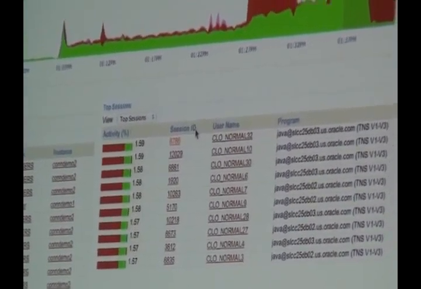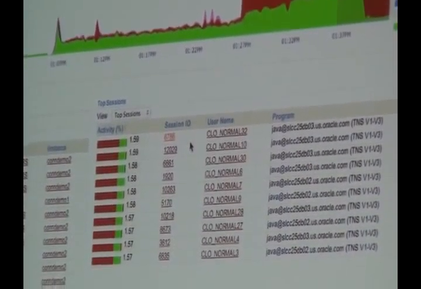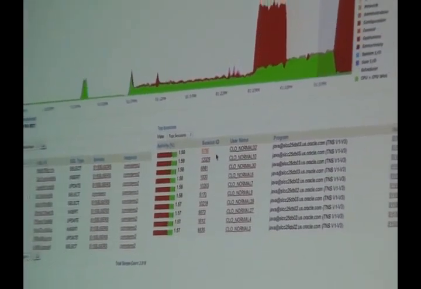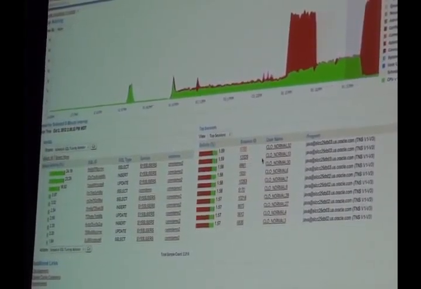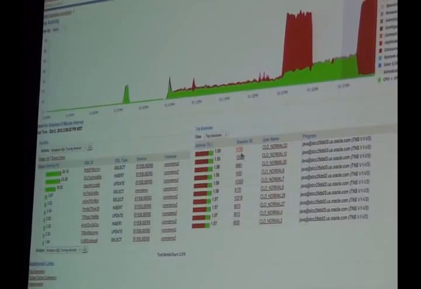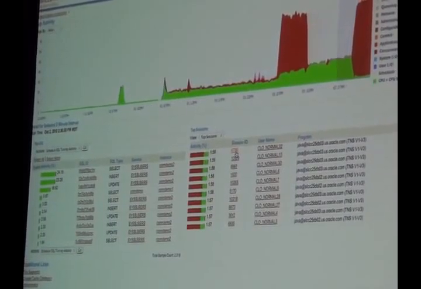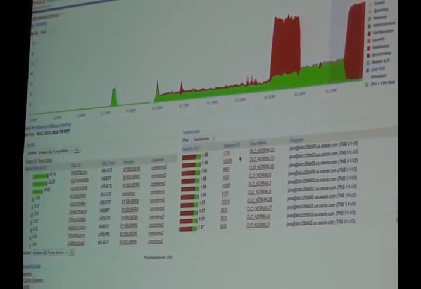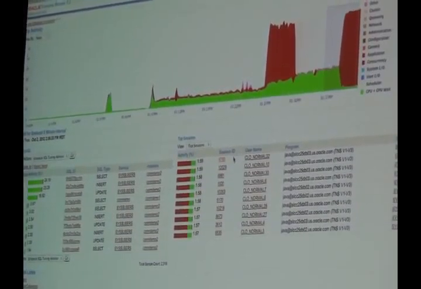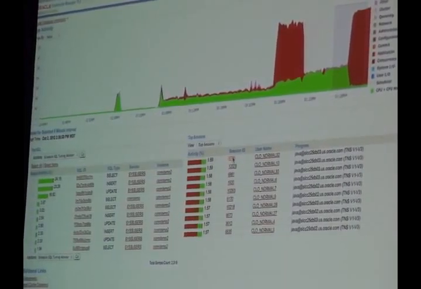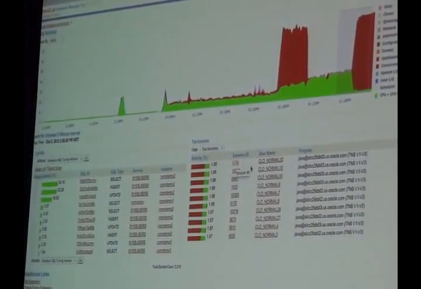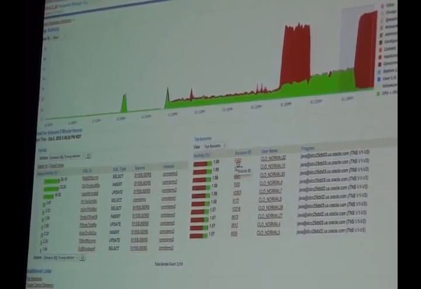Failed parses can be tricky to identify. But what we're going to do now is drill into one of the sessions and actually enable SQL trace for it, because one place that parse failures always go is into a SQL trace file. So, have we drilled into that session? Yeah. It's running at Enterprise Manager speed.